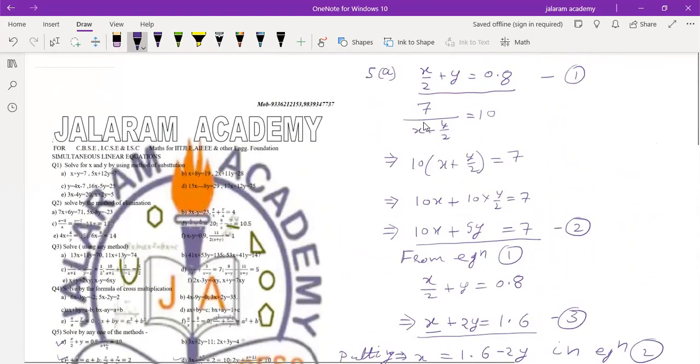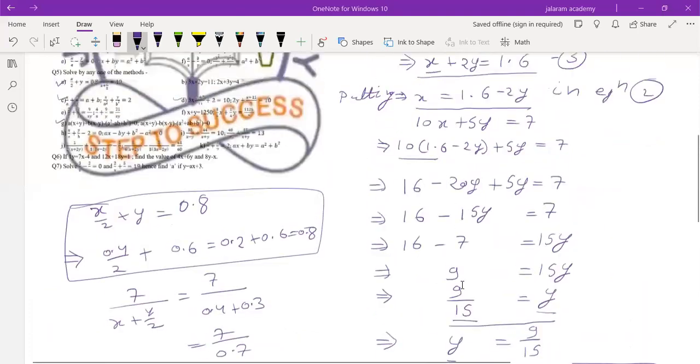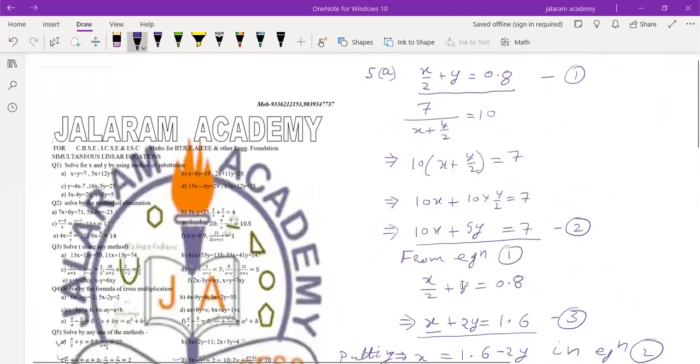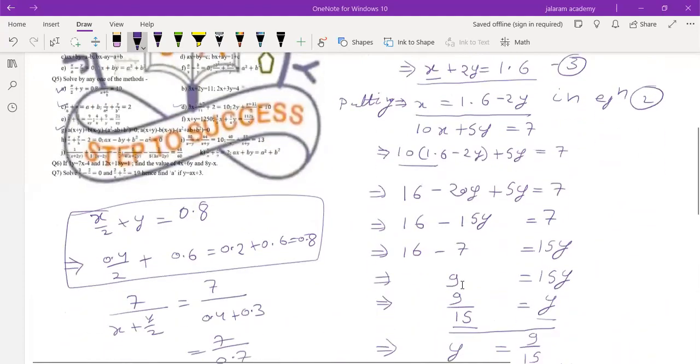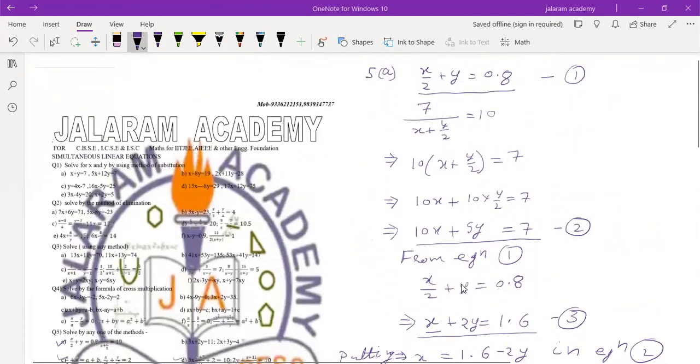So who has asked a doubt in this? I had a doubt. Whenever you want to check, you have to check for both the equations. First equation is x by 2 plus y equals to 0.8.